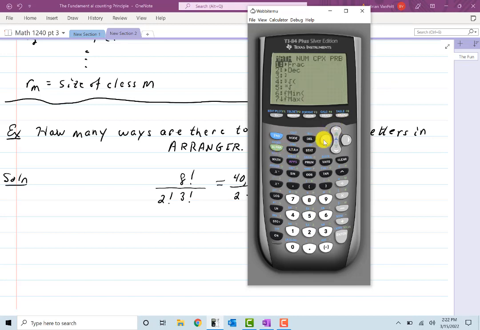But I will not have to put a multiplication after the exclamation point. So I'll put 3. Not that that's a big deal, but let me get Math, PRB, 4, finish the parenthesis, enter, and you see we get exactly the same number as before.